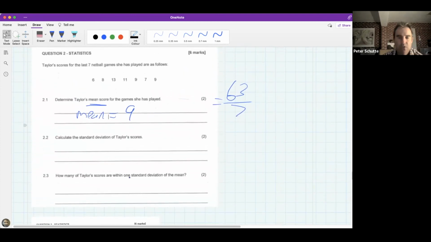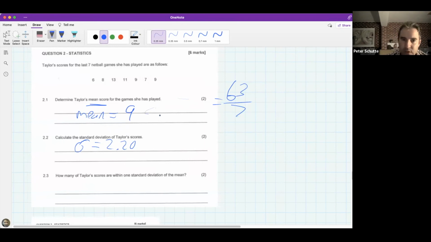Some people are getting 2.2, and you are correct that the standard deviation should be 2.20. Now I want to know how many of Taylor's scores for the last 7 netball games she's played, are within 1 standard deviation of the mean? So this is an interpretation question where you have to say 9 is the mean. How many scores are within 1 standard deviation?